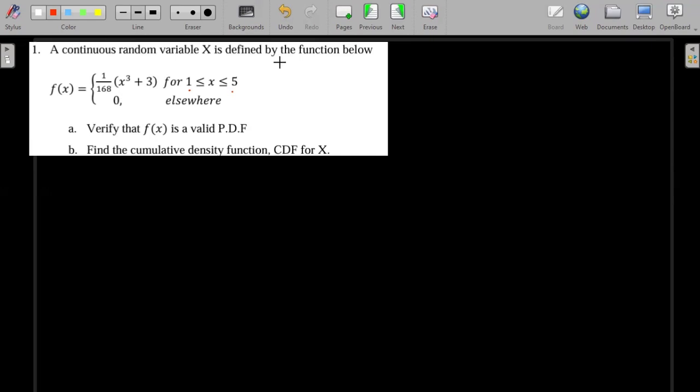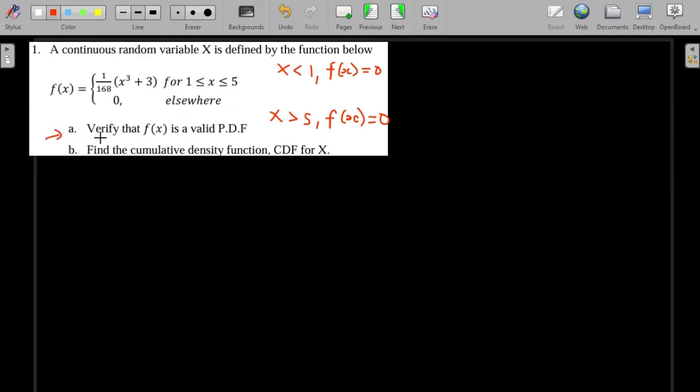This simply means that if I have x values less than 1, then my f of x will be equal to 0. If I have x values greater than 5, then my f of x is also equal to 0. That's what this 0 elsewhere means. It's only defined from 1 all the way up to 5. So that's the function that we've been given.